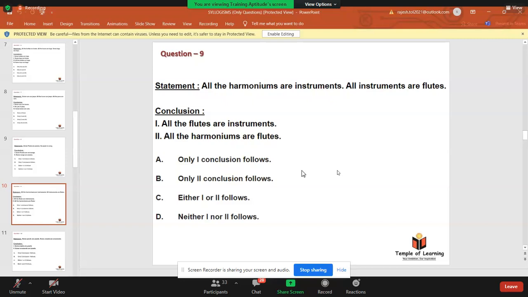Sir, when to choose either one or two follows, will you please give an example for it?